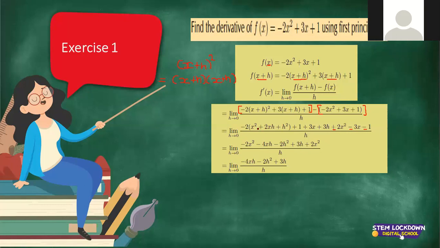Because remember, after you simplify, you look at your like terms, because this will cancel that, for example, and that will cancel that. Then you remain with that term. And then all our terms have an h. We can make our h a common factor.